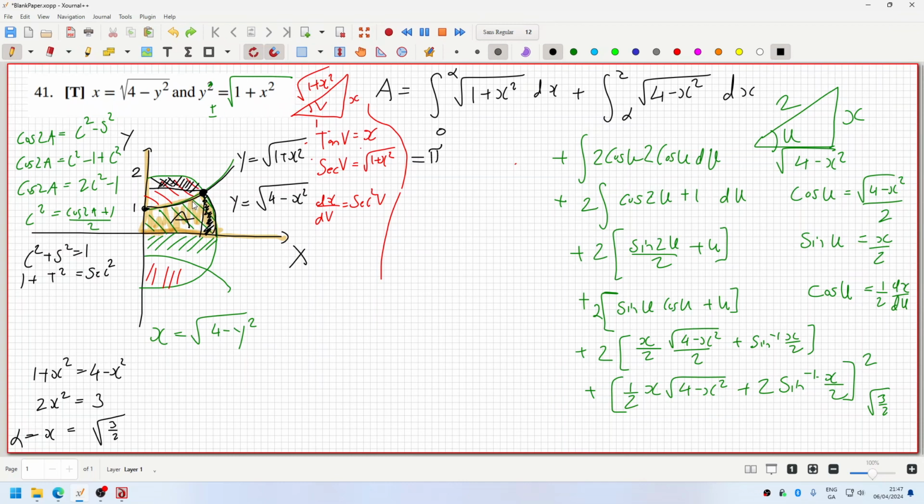Oh, do I really have to integrate secant cubed? Any clever way to avoid it? You said this is integration of sec v sec squared v dv.